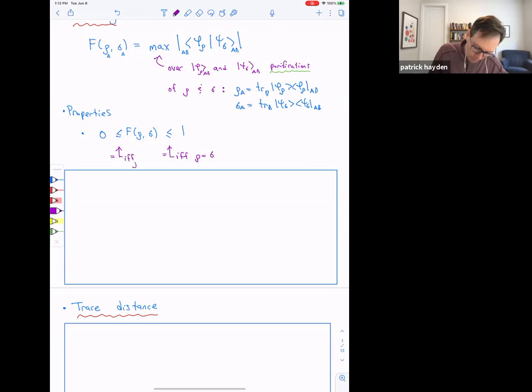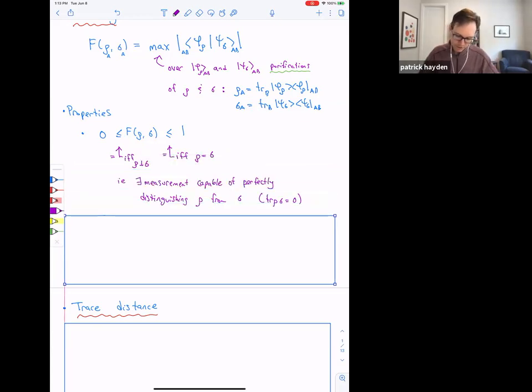Well, what would the desirable notion be? So I'll unscroll this here. It will be 0 if and only if there is a measurement capable of distinguishing rho from sigma and never making a mistake. And what does that mean? It means if we take the non-zero eigenspace of rho, it should be orthogonal to the non-zero eigenspace of sigma. So there's a projective measurement that will be able to just tell them apart.